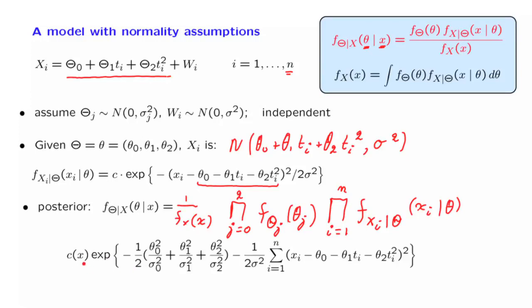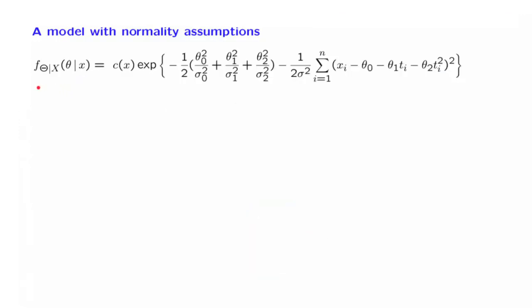We have a normalizing constant in the beginning. We have here a term that comes from the prior for theta naught, a prior from theta 1. Here is a typical term that comes from the density of xi, which is this term up here. So here is what we have so far.